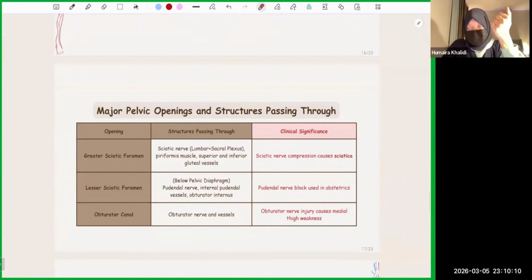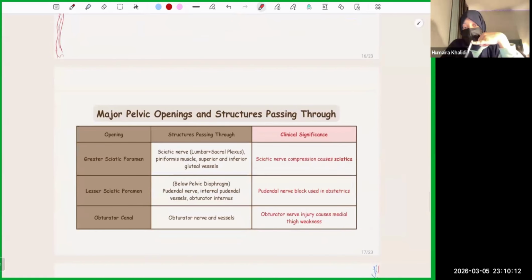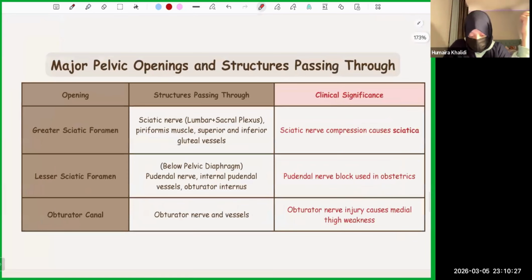Next up, this is just a review. What passes through the greater sciatic foramen? You have the sciatic nerve, the piriformis, and the superior and inferior gluteal vessels. If the greater sciatic foramen is compressed, it causes sciatic nerve compression, which causes sciatica. For the lesser sciatic foramen, you have the pudendal nerve, which is usually blocked for anesthetics.